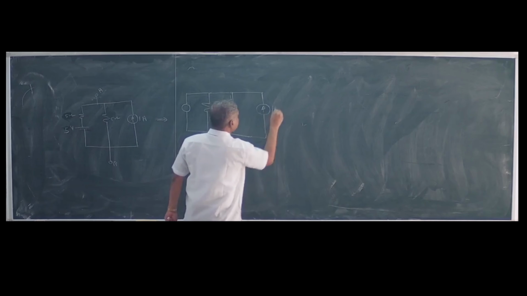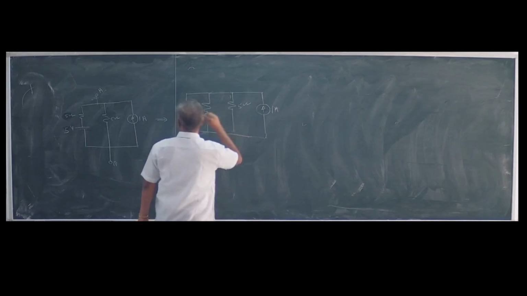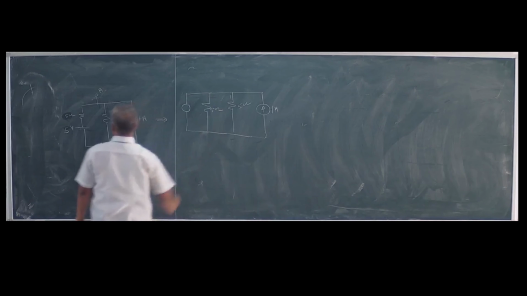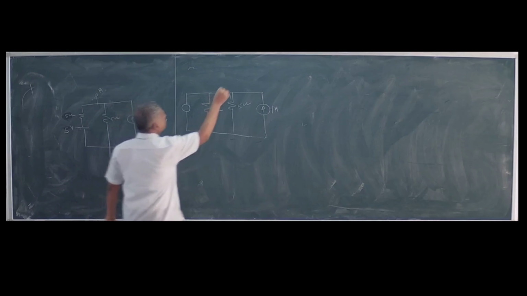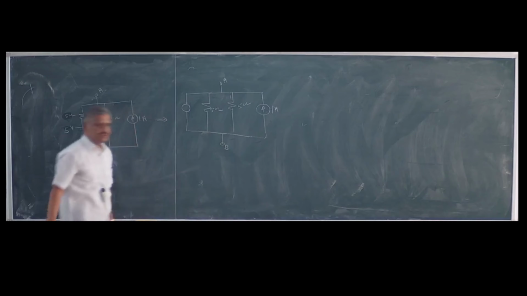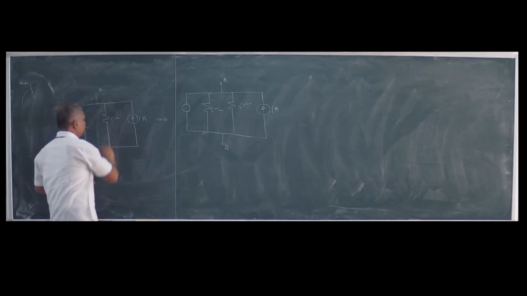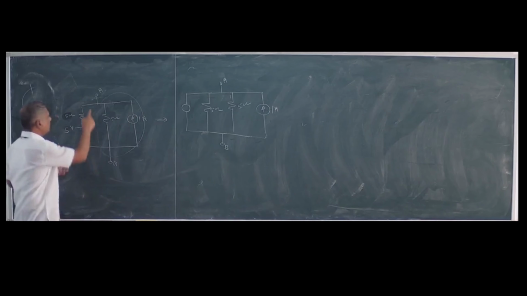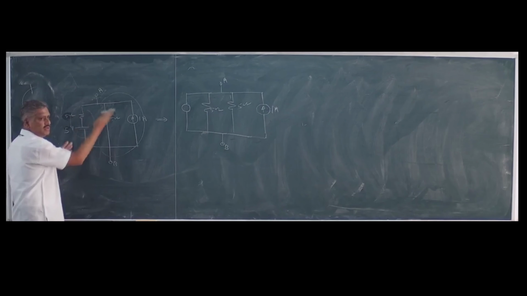Here is the figure. This is 1 ampere, this is 5 ohm. Is it right? And this will be the 5 ohm. And here will be the terminal A and this will be the terminal B. Any confusion? We have not modified this part. It is as it is here. Is it right? And we have converted this voltage source to the current source.